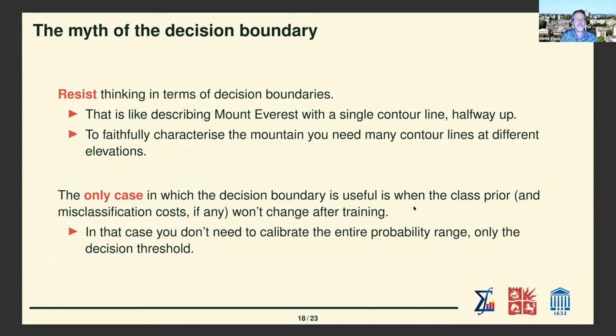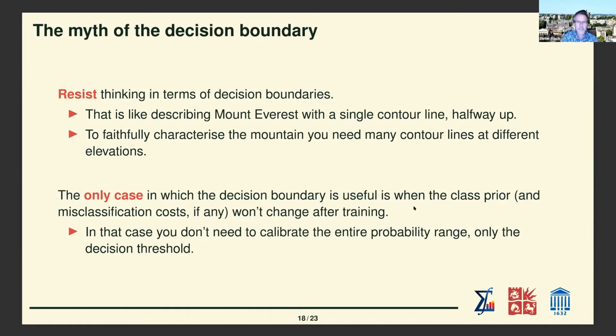I think machine learners are obsessed with decision boundaries, and I think it's time to stop thinking in terms of decision boundary. This is like describing Mount Everest with a single contour line, which happens to be halfway up. To really characterize the whole mountain, you need many contour lines at different elevations. In fact, you need infinitely many. And it's similar in machine learning.